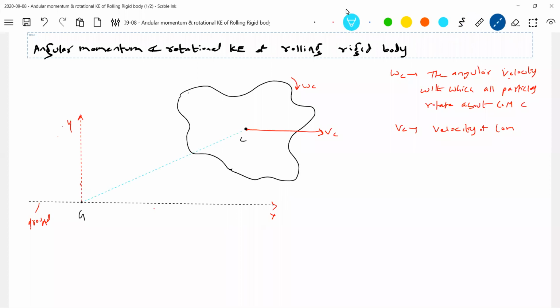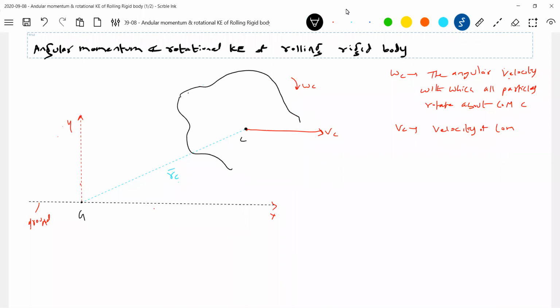The position vector of the center of mass, let it be RC bar. Let me take the ith particle, with position vector Ri bar.